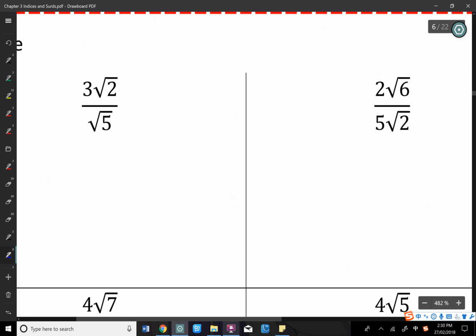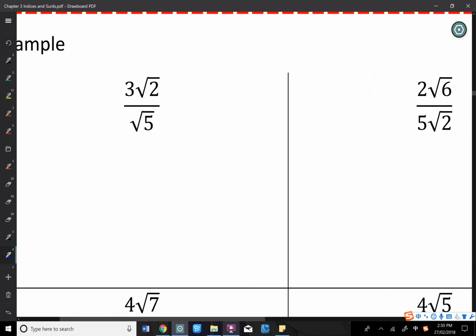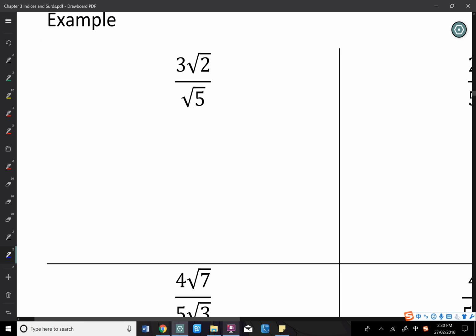Just choose the first one as an example. If we just have a single root, like a square root at the bottom, I can just times exactly the same thing. Why do we times exactly the same thing? The same square root times together, you will just have the number inside. I can get rid of the square root. Well, I can't just times the root 5 at the bottom.